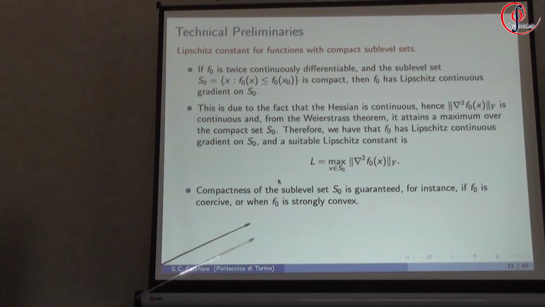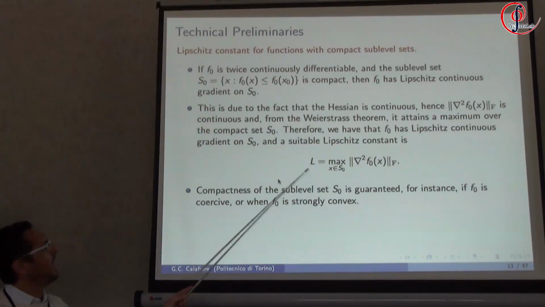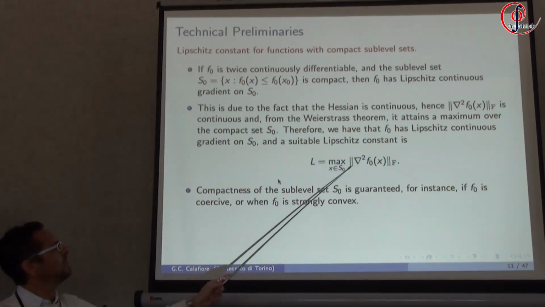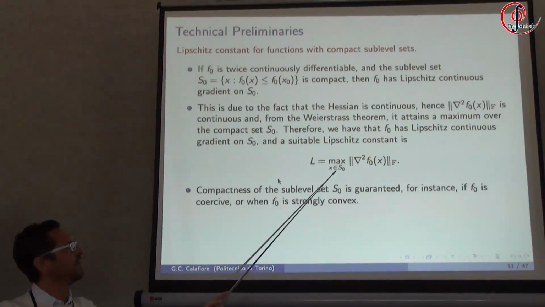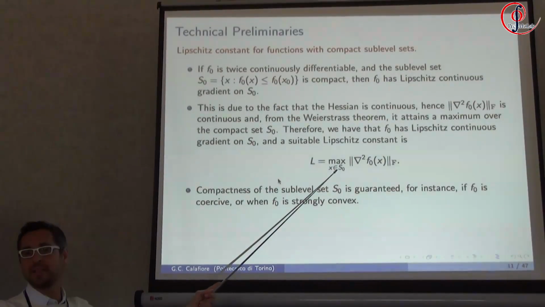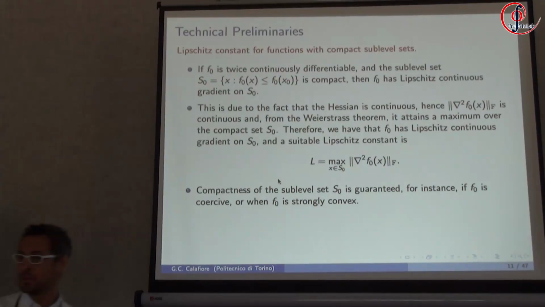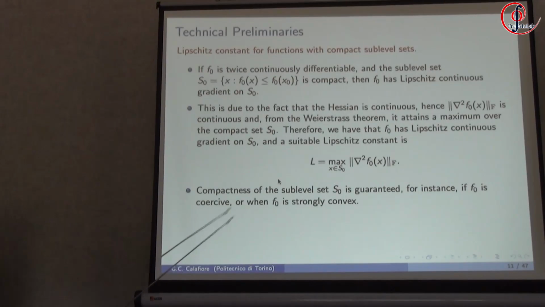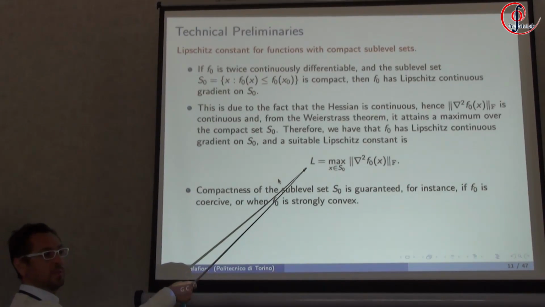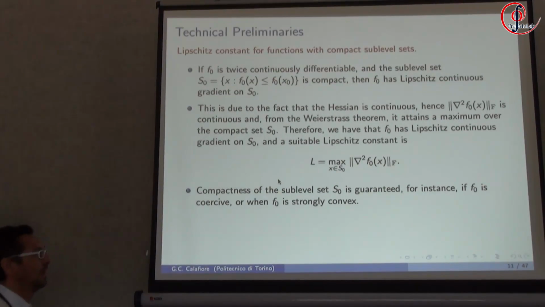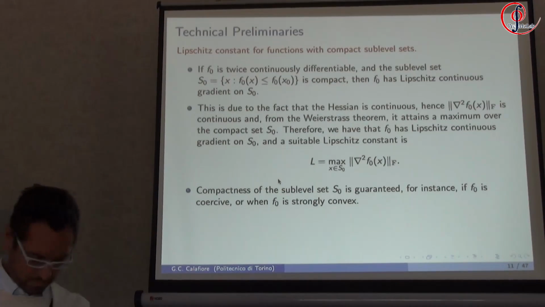Therefore, we can take L to be just the maximum of the norm of the Hessian over this set. And so by definition, the Hessian will be less than or equal to L over that set, which implies, as we've seen in the first result, that over that set the function has Lipschitz continuous gradient with constant L. Alright?